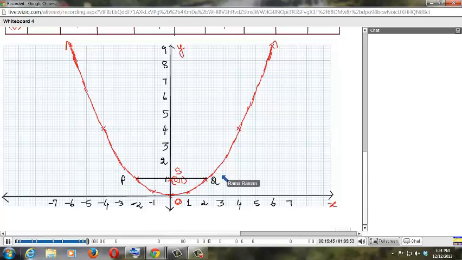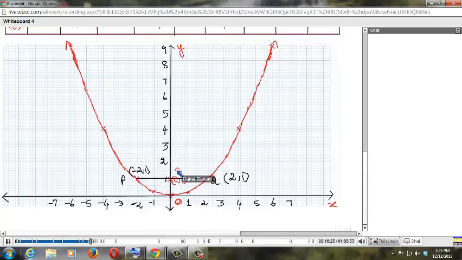The coordinates of Q: the x coordinate will be 2 and the y coordinate is 1. On the other side, the other end is P, which lies in the second quadrant. Its x coordinate is -2, while the y coordinate is 1. So it is -2, 1. So these are the endpoints of the latus rectum.